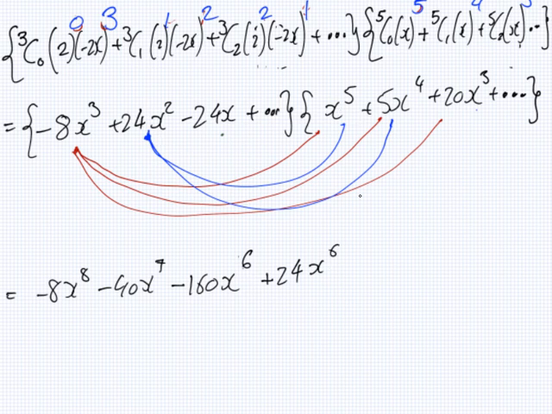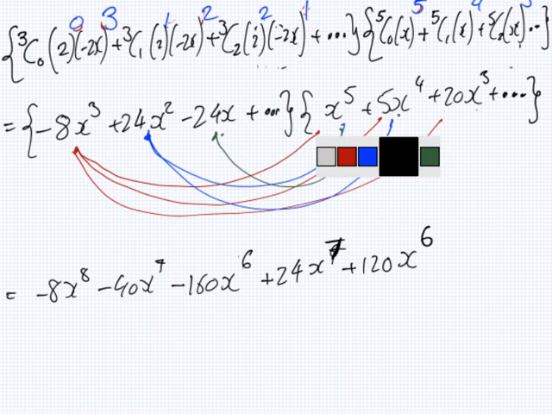And then when it multiplies the next one, that's 120x7, sorry, that should be a 7. And the last one, 24x, should I multiply by x5? Yes, because it makes x6. Should I multiply by the next one? No point, because it will make x5.